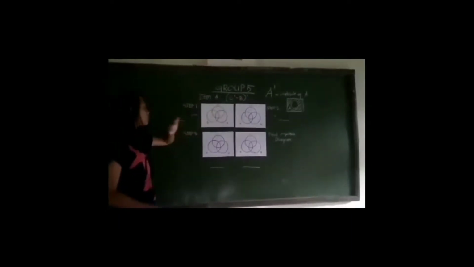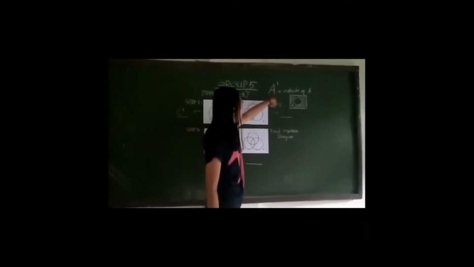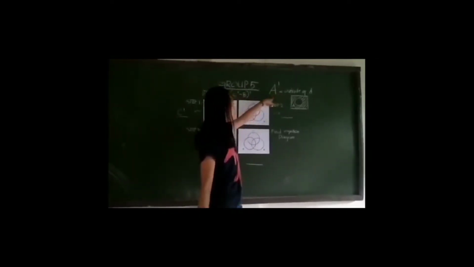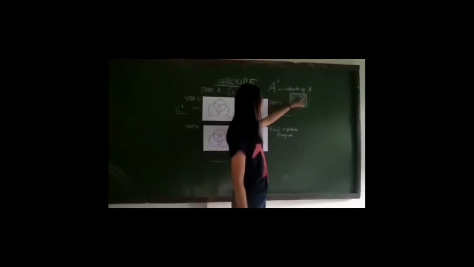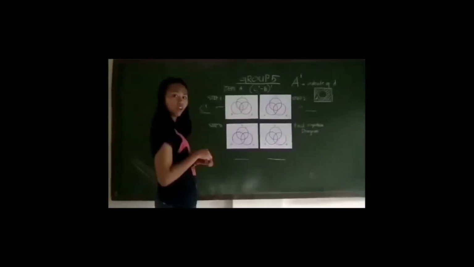First, we have the C complement variable as our step 1. So C complement. As you can see here, we have our example. It means that the variable that is complemented will be left out, and then the outside of the diagram will be shaded.